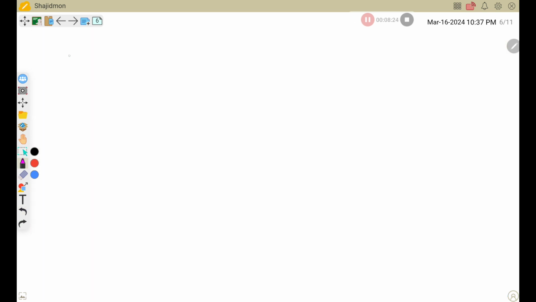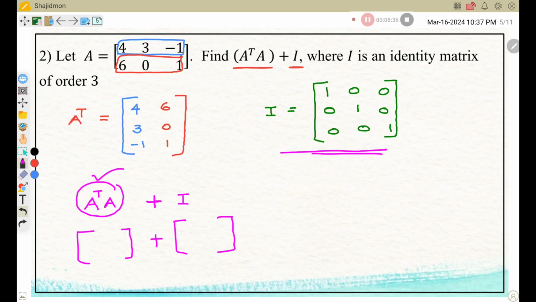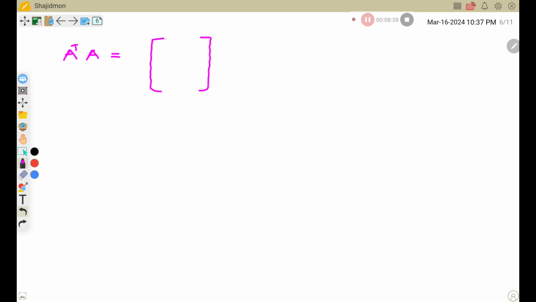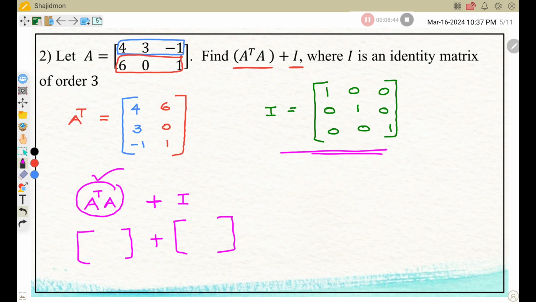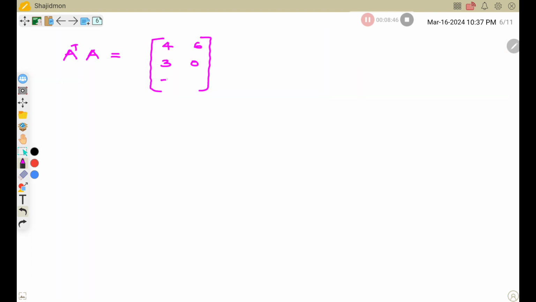Okay, so A transpose multiply A equals, first I am writing the A transpose matrix. What is the A transpose matrix? Just we calculated, that is 4 6, 3 0, and minus 1 1, multiplied with the A matrix.